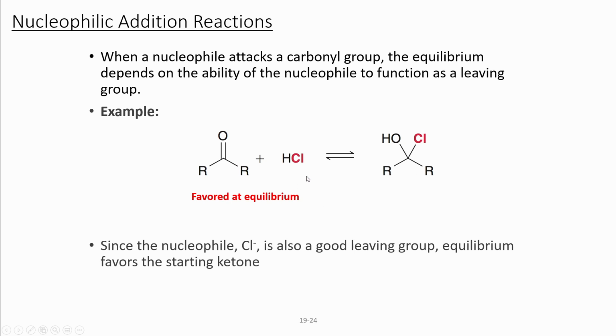In this example, our nucleophile is also a good leaving group. So this will push the equilibrium towards the starting ketone, since the chlorine is going to be a better leaving group than most nucleophiles would be.